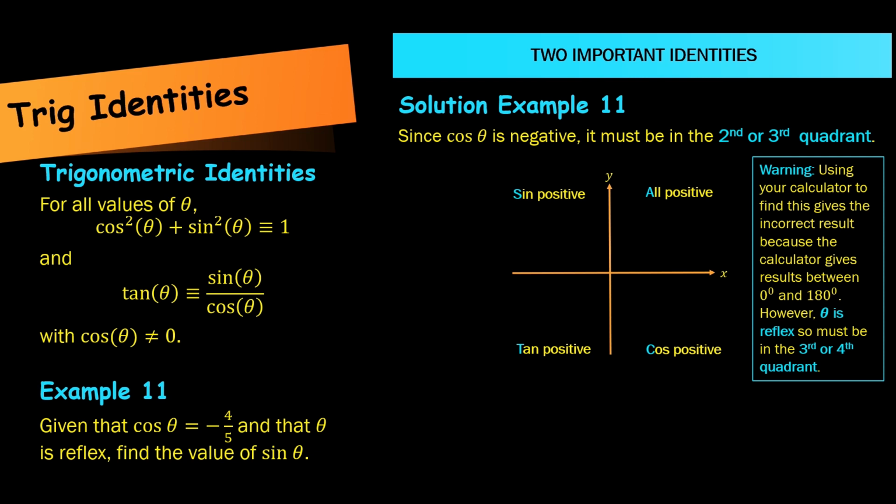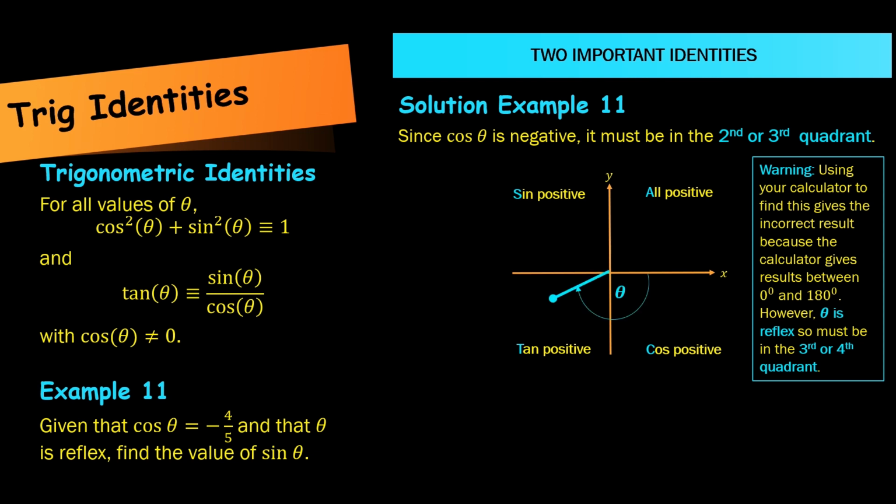However, we've also been told as part of the example statement that theta is reflex, and therefore it must be in the third or fourth quadrant. So therefore we can conclude that theta is actually in the third quadrant, because this is where both these conclusions overlap, as shown.